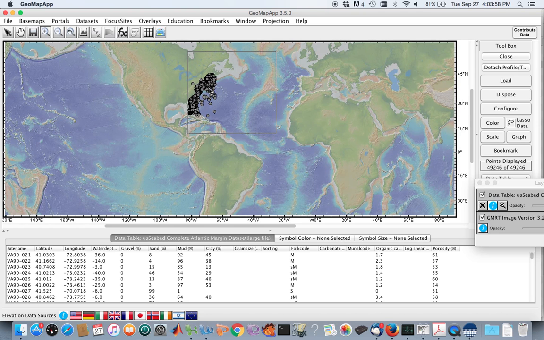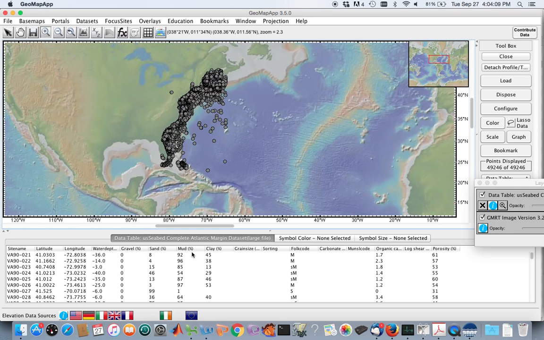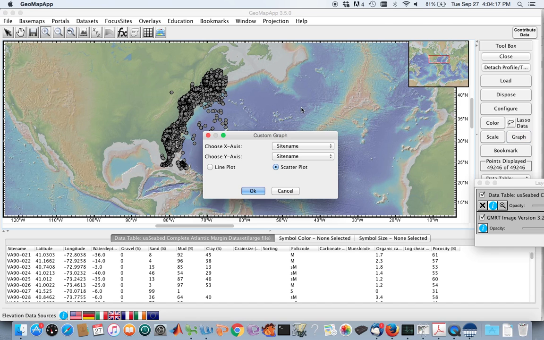So here we see each of these locations is a data point. And at these different data points, the amount of gravel, the amount of sand, the amount of mud, the amount of clay in a percentage was measured. Okay? And so now we're going to graph.